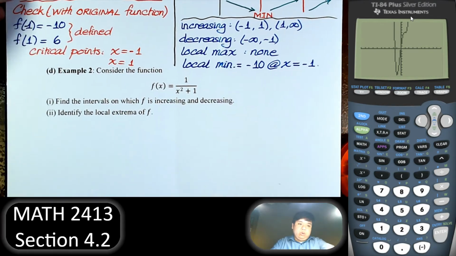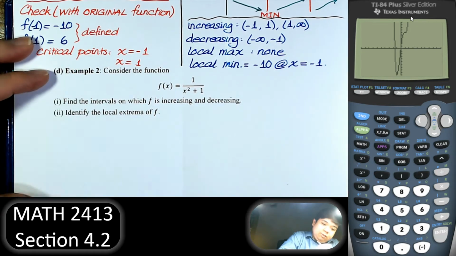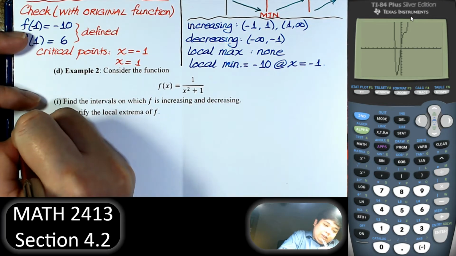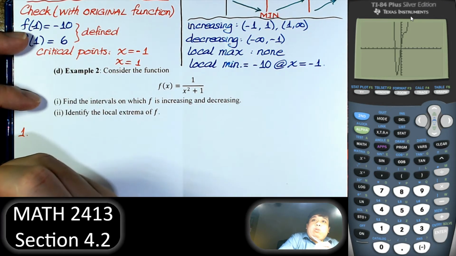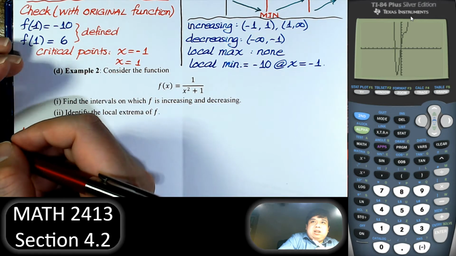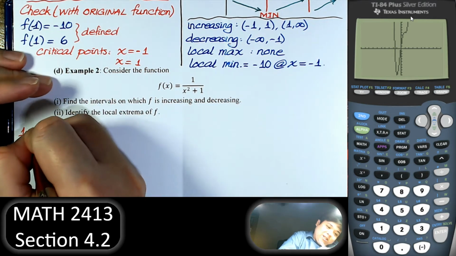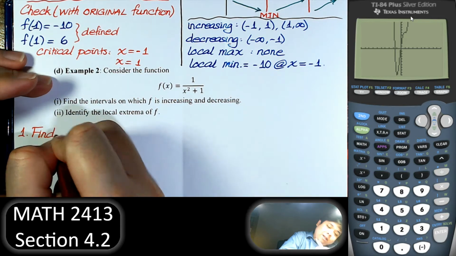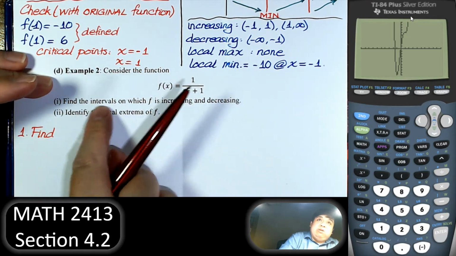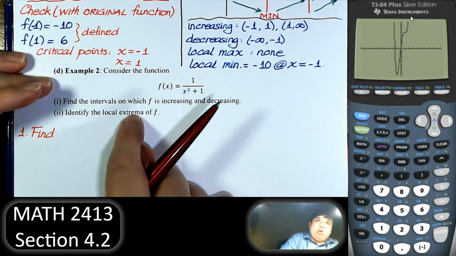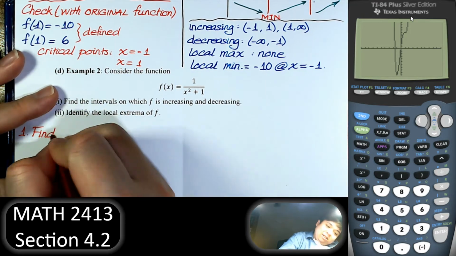Right, so first we find critical points or partition numbers. Partition numbers for the intervals, and critical points for the local max and min.